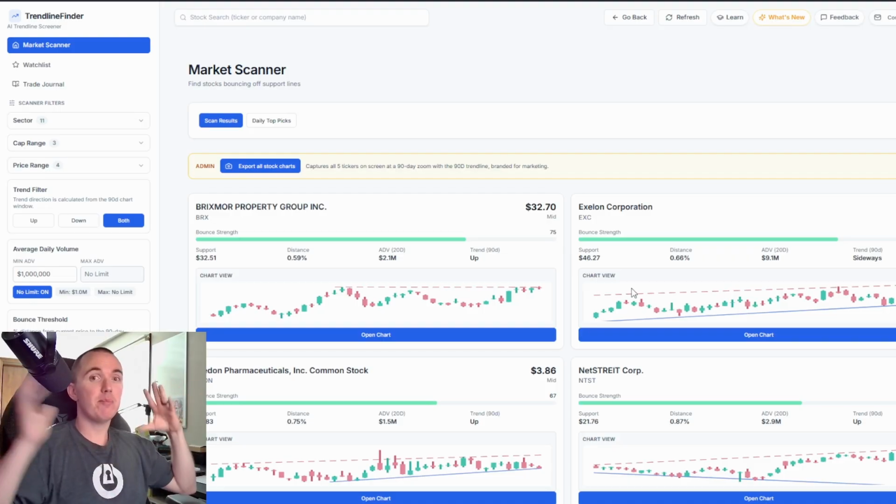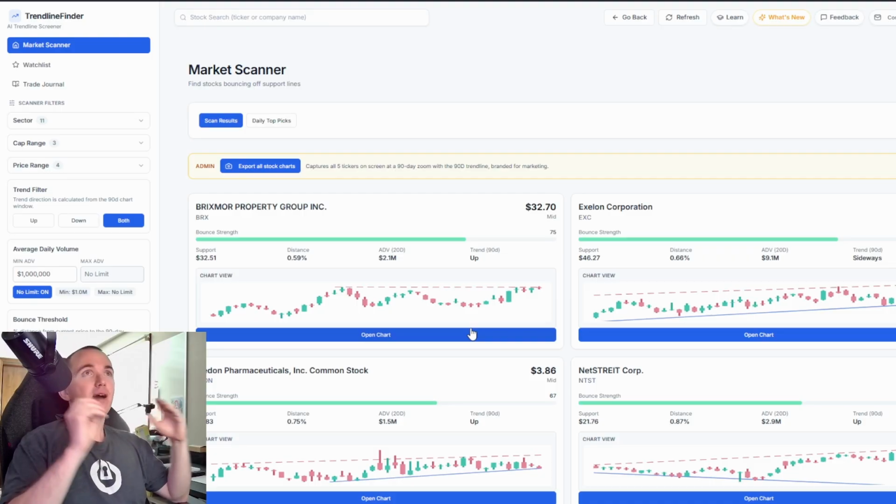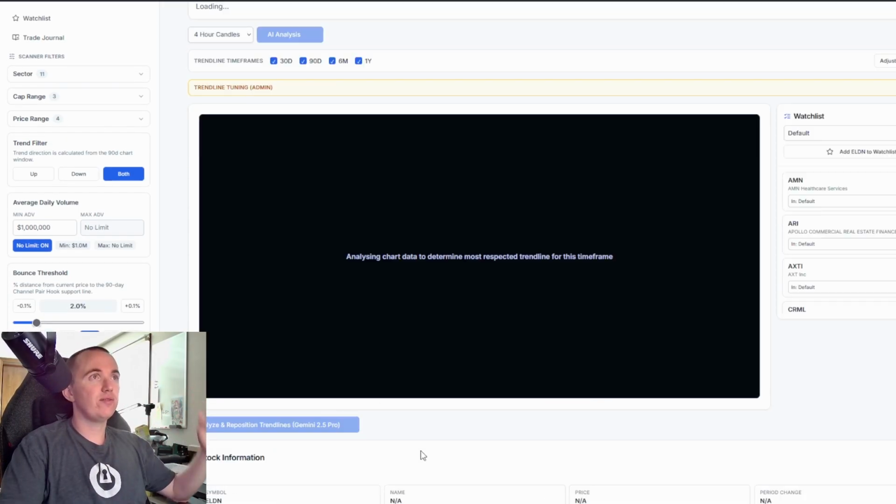It takes in a bunch of data and then it gives you your bounce strength. So the bounce strength is just how likely is the chance that it is about to have a bounce, not a trend reversal, because I personally love trend continuation trading. So it is telling you how likely is the chance that it is going to bounce off of that trend line.